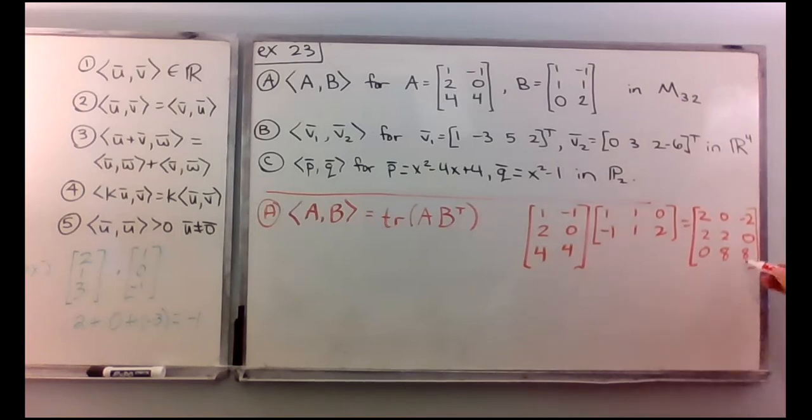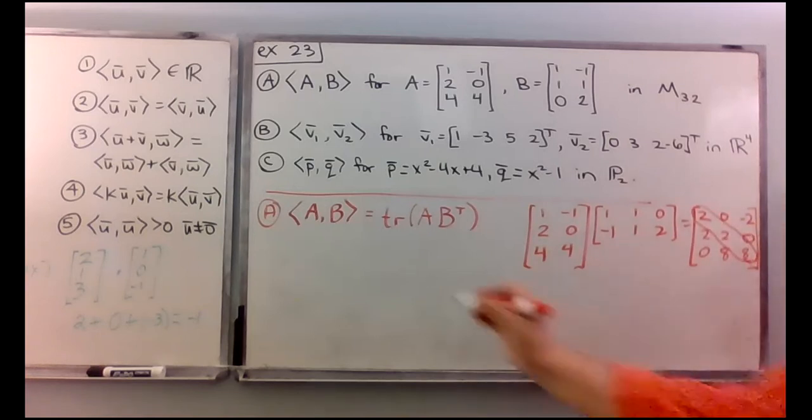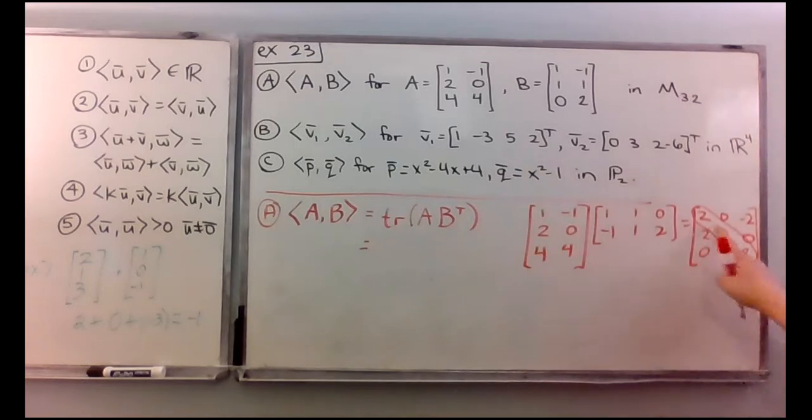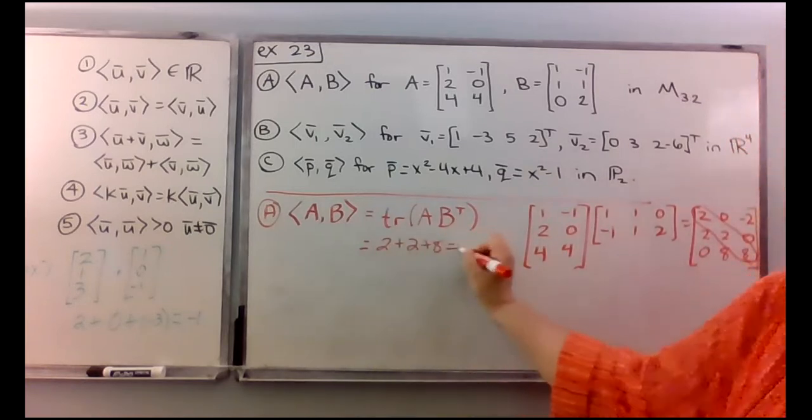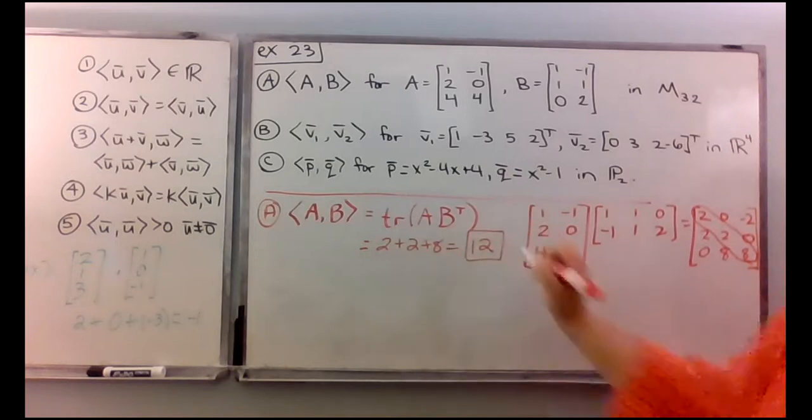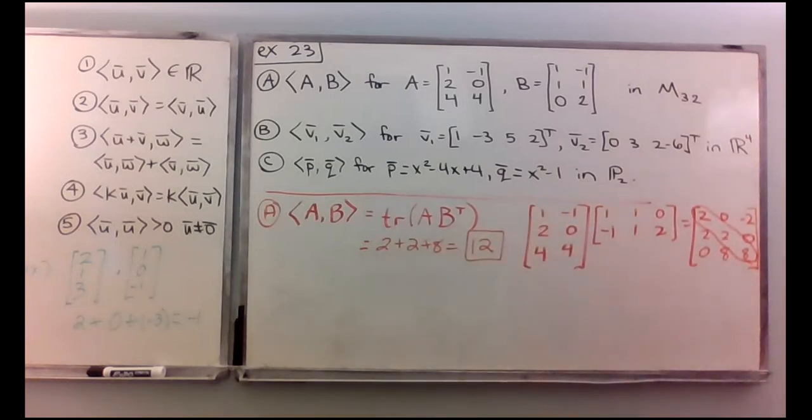And the trace says find the sum of the diagonal entries. So this is going to be 2 plus 2 plus 8, which is 12. And there we go. So that's our first example of finding the trace in the land of matrices.